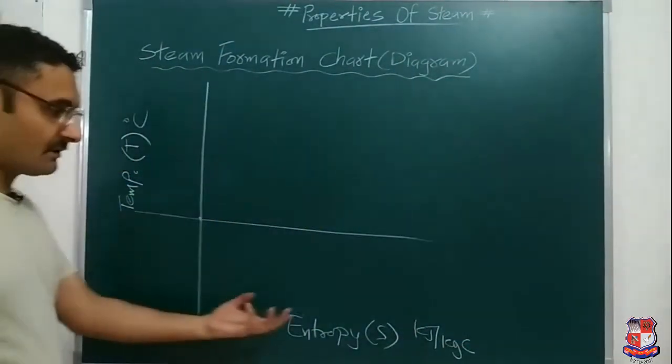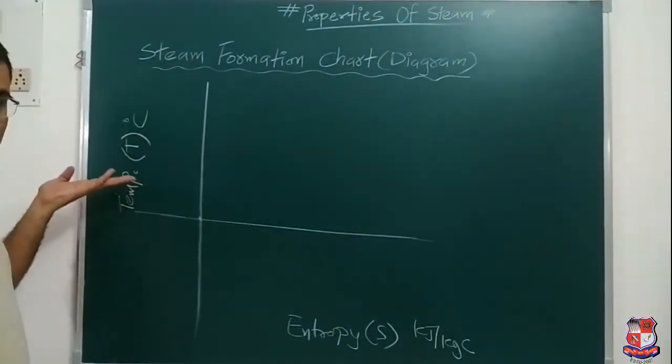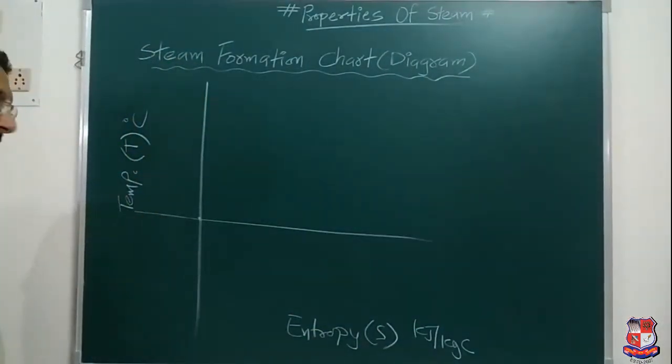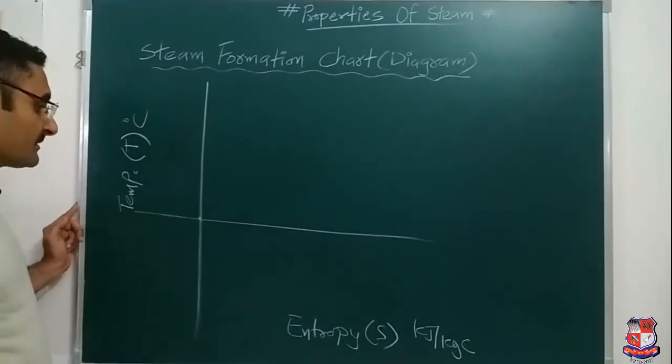But the SI unit of entropy is kilojoule per kg Kelvin. As I have taken degree centigrade on the temperature axis, here I must take kilojoule per kg degree centigrade, but actually it is kilojoule per kg Kelvin.